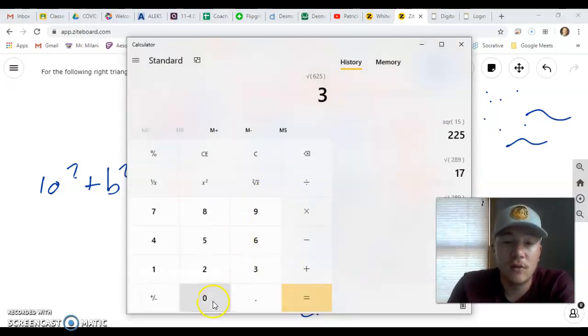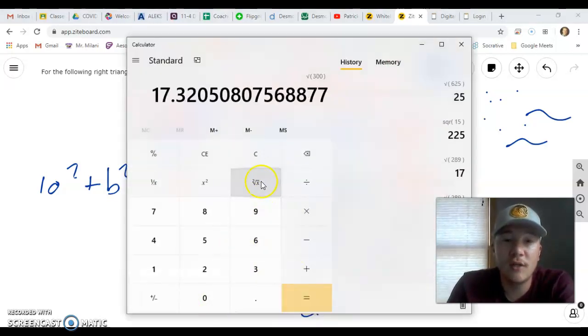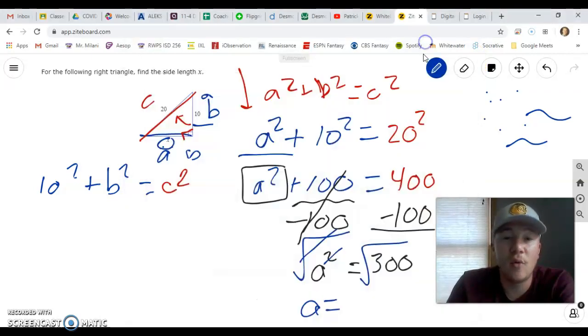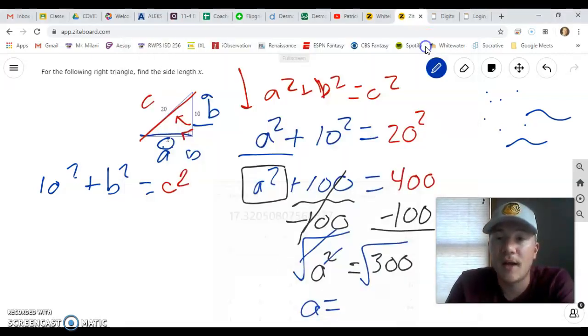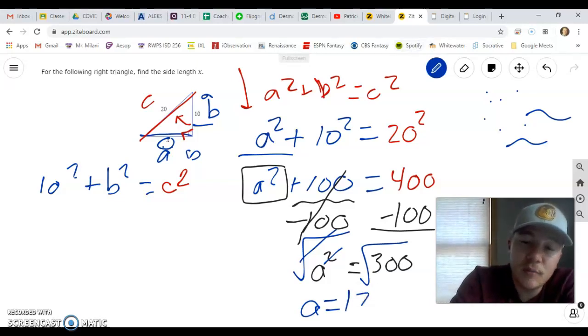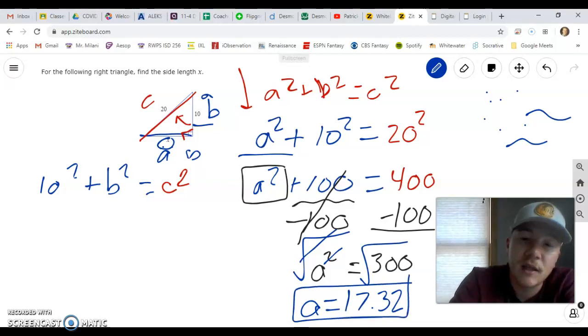The square root of 300 is going to be 17 point something. They want you to go to the nearest hundredth. It'll say that on Alex. So 17.3 is your tenths, and this is your hundredths. 17.32 would be your final answer for the length of that missing leg.